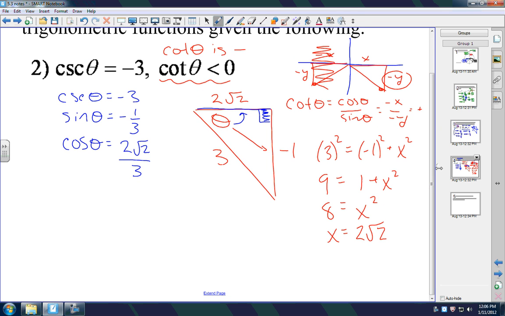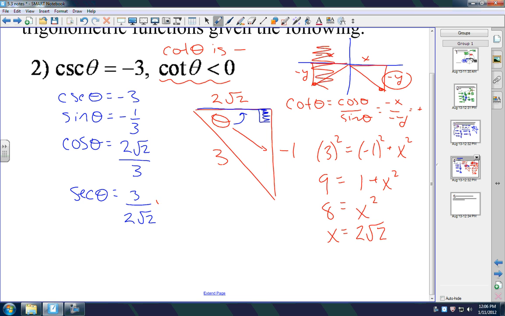So now I'm going to grab my secant. These are a little out of order because of the way we started. So we did cosecant, sine, we'll do cosine, secant, as long as you get all 6. So we flip this guy. So 3 over 2 square root of 2.